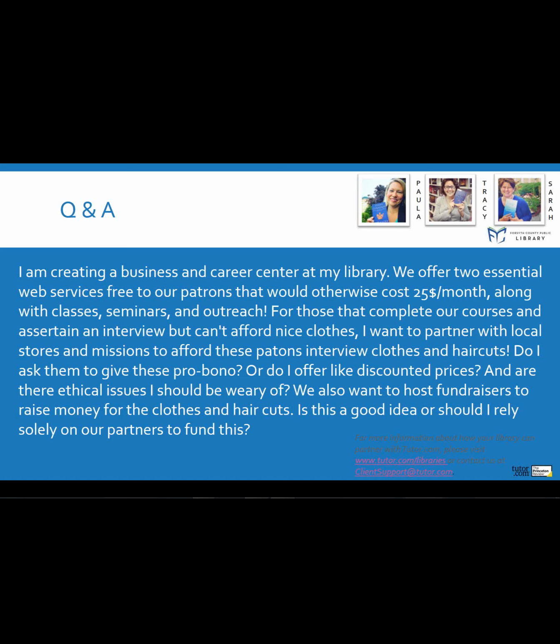We do participate in 1,000 Books Before Kindergarten. Actually, that's something that our software through Beanstack has allowed us to do too. We're able to have that as a part of our Beanstack program as well. So when families register for our summer reading program now, if their children are within that birth to preschool age range, they're given the option of whether they would like to register for 1,000 Books Before Kindergarten.